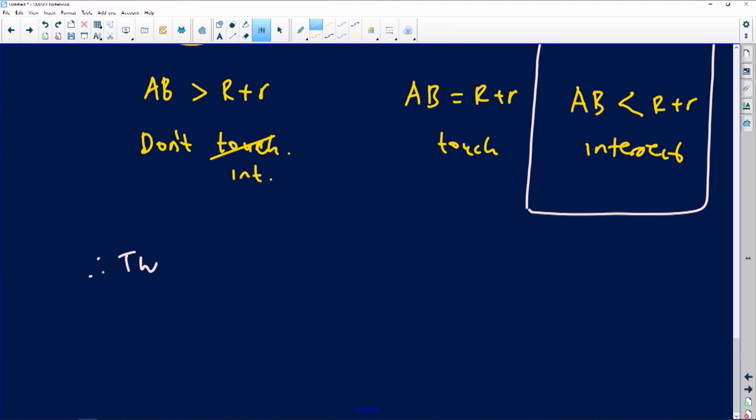Therefore, they intersect because, let's write the mathematical symbol for because.